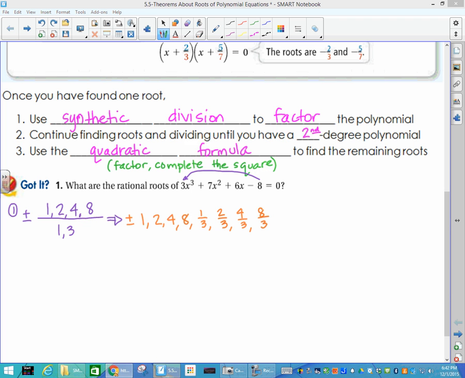So these are the possible rational roots. Possible rat roots, you probably like that. So from here, I need to figure out which ones are actually going to be my rational roots. Step two is basically we're going to make a t-chart.